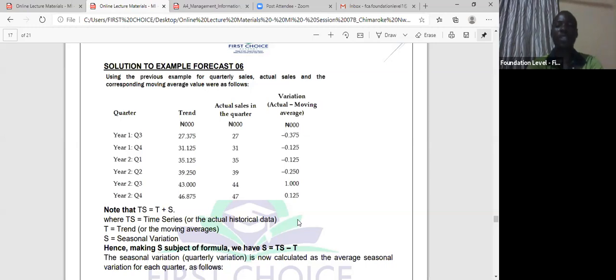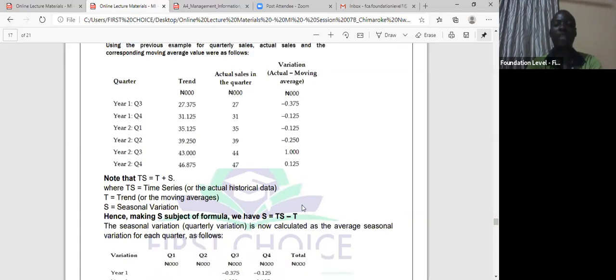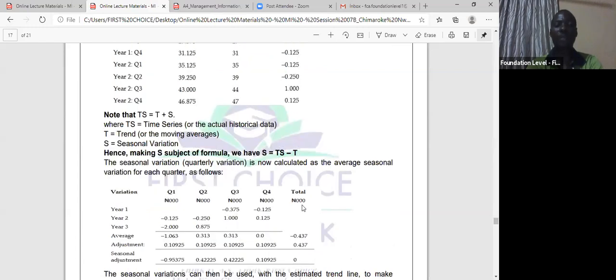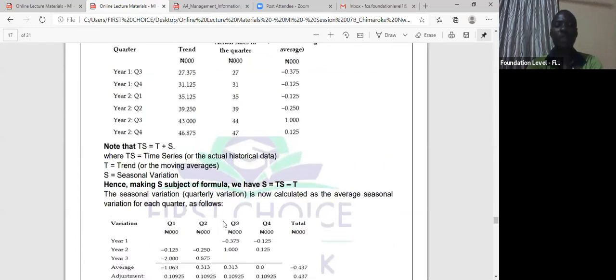Now that we've gotten our trend for trend analysis, which we brought here, brought your quarter actuals, you've gotten your seasonal variation. The next thing to do is to group them. So the grouping now is quarter 1, quarter 2, quarter 3, quarter 4 grouping. So look at how the grouping is done.